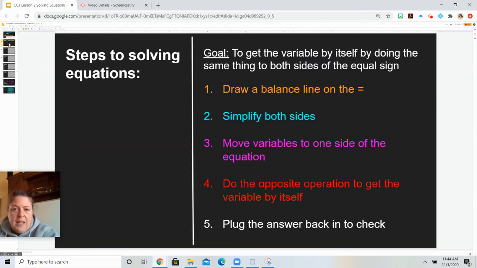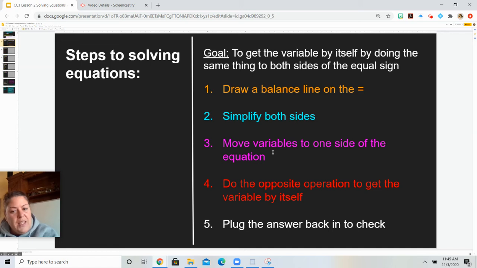So again, draw that line down your paper and take a moment to please copy the 5 steps for solving equations to ensure that you have them. The whole idea, remember, is to get the variable on one side of the equal sign all by itself and eventually get it to just be a plain variable. So we're going to draw that balance line, simplify both sides, move variables to one side of the equation, and then do the opposite operation to get the variable by itself.